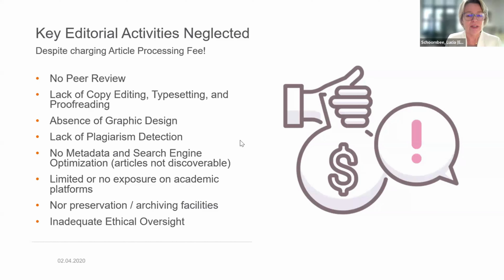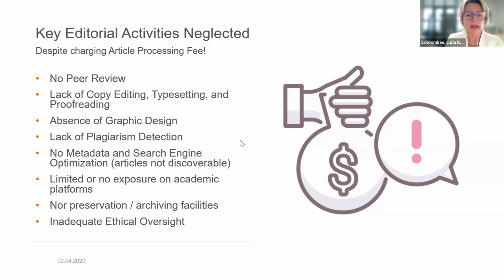There's inadequate ethical oversight, so the research findings are not checked to see that they are ethical. And also, issues like data fabrication are not checked, for example. So the industry standard for article processing charges, very generally across most publishers, is around $1,500, which is a large amount, and you would expect then all these activities to take place for that fee.